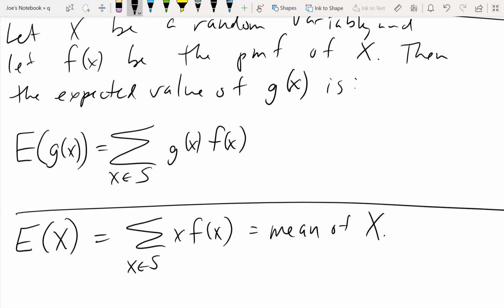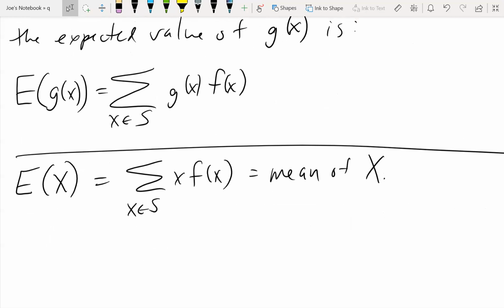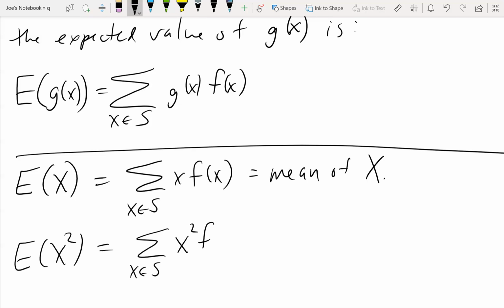In general, again, we're doing a weighted average. We're weighting this value in my sample space by its probability. We want to find out, on average, where we should expect to be. Another one that pops up in calculations, and we'll do a third one in a minute, or probably next time, is the summation of the x squareds.